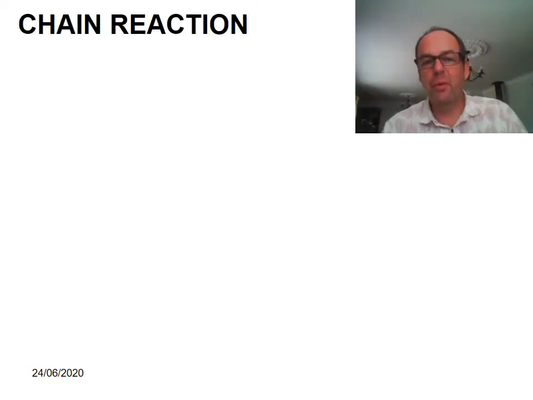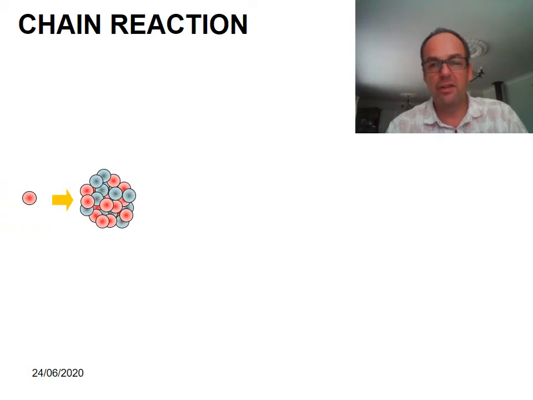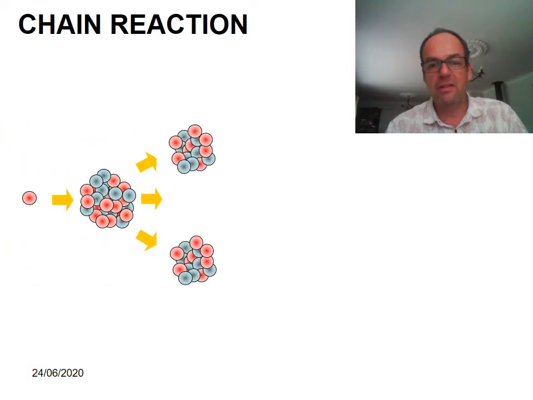Okay, let's look at what we mean by a chain reaction, looking at this animation. We start with a slow-moving neutron, and that collides with a large uranium-235 nucleus that splits into two daughter nuclei, barium and krypton, releasing energy in the form of kinetic energy of neutrons.